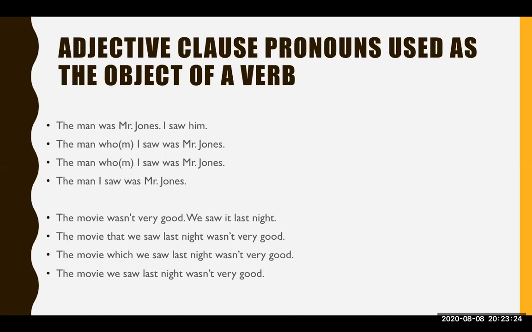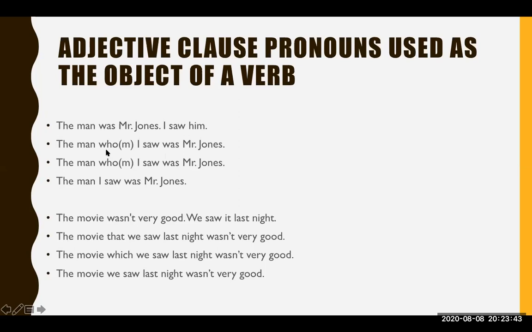But whom is more formal, more written. Many people don't like to use whom in spoken English, so they prefer to use who. Both are correct. But in your exams, I prefer that you write whom in this case for object.